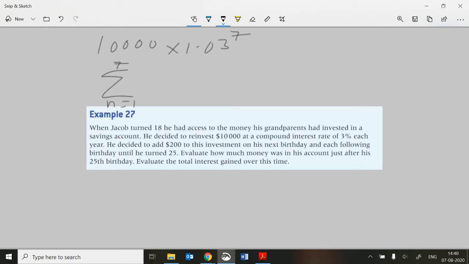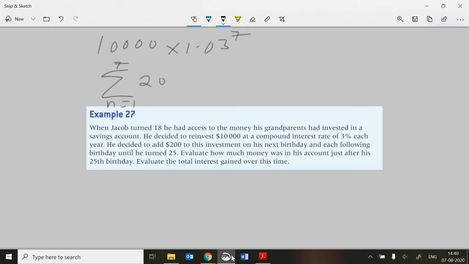So I was doing 200 times 1.03 to the power of 6 all the way down to 200 times 1.03 to the power of 0, if you like. There was 200 put in on the 25th birthday. So that's going to give me 7 terms. Okay, so there's 7 terms there.